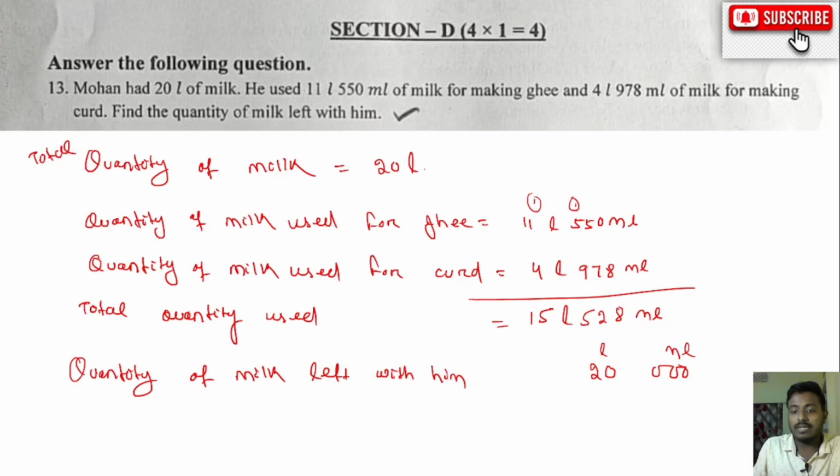Now minus, 0 minus 8 borrow, 9 minus 2, 9 minus 5 that is 4, that is 4 liter 472 milliliter. Clear? Now therefore quantity of milk left with him is 4 liter 472 milliliter.